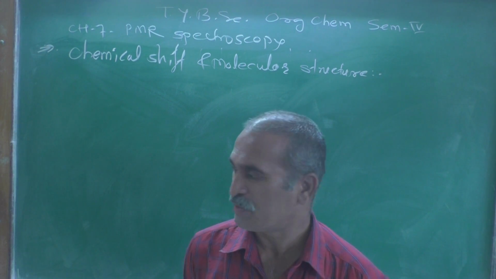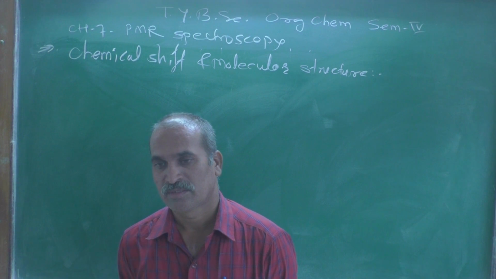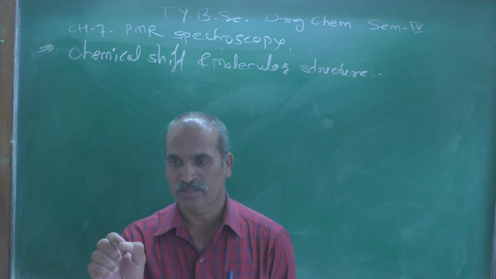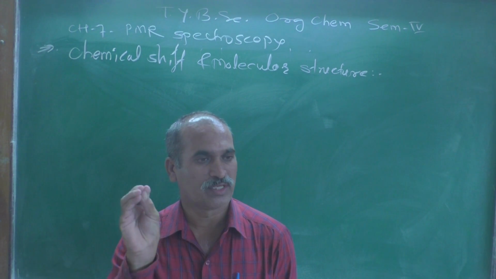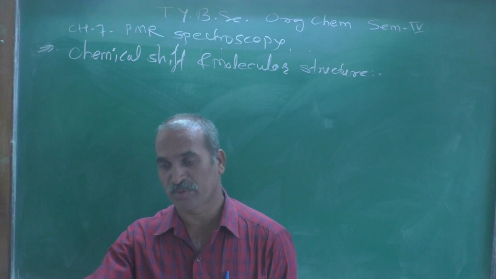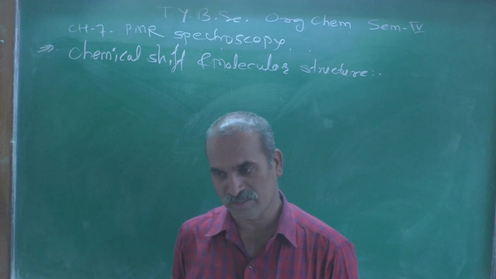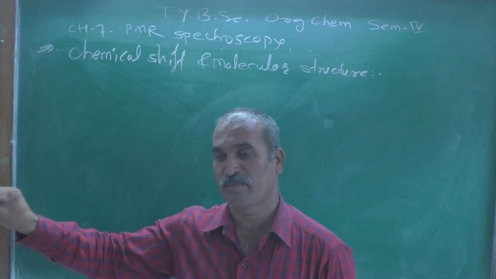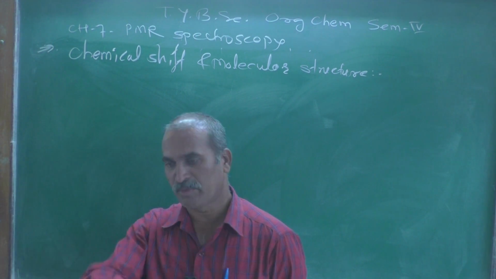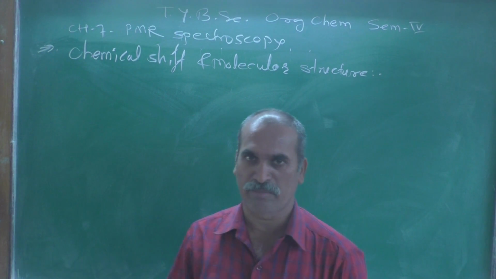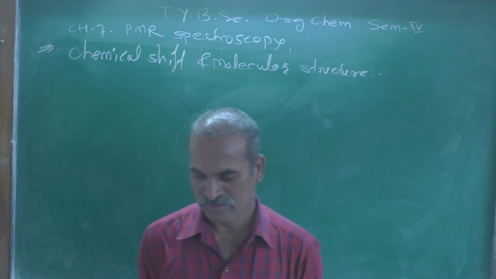Because in PMR spectroscopy, we focus only and only on the nucleus of hydrogen, the proton: the number of types of protons and the number of NMR signals obtained. That is one thumb rule, or general rule, you can remember while assigning that.